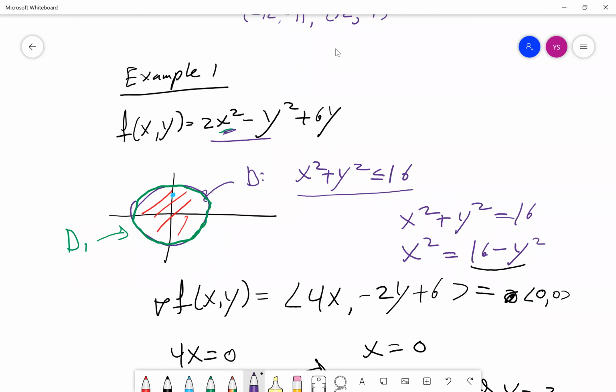So on the boundary, we have x squared plus y squared is equal to 16. So this is only a function that in terms of x only has x squared. It doesn't have any other thing. So we can just say, okay, what is x squared? X squared is 16 minus y squared, right? Well, once I have this, I can plug it into my function. I can take my x squared and I can plug it in right there. And that's how I get the function only in terms of y.